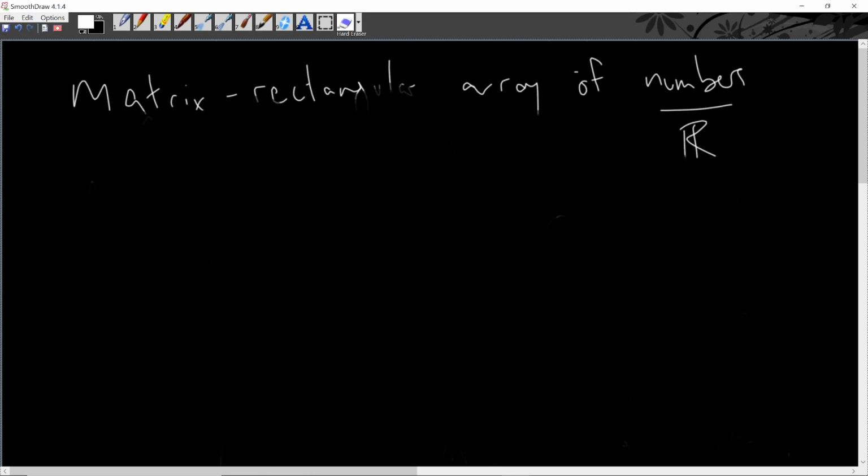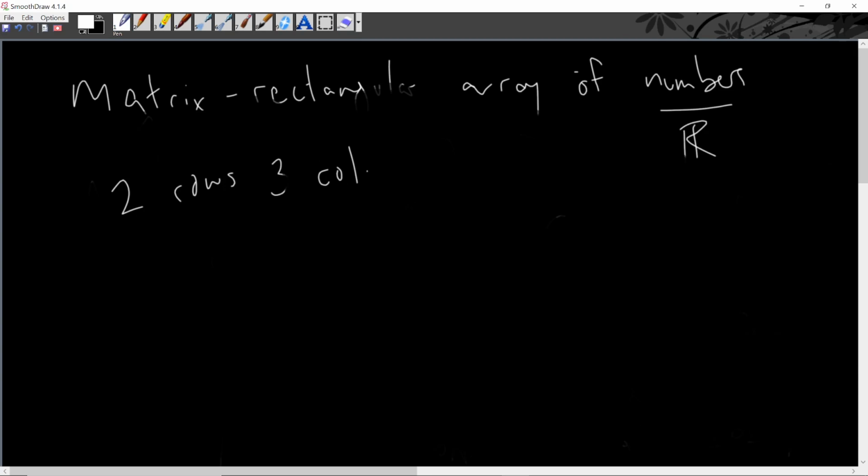Let's say we have a 2 by 3, so 2 rows, 3 columns matrix as follows. It's not columns, it's columns.